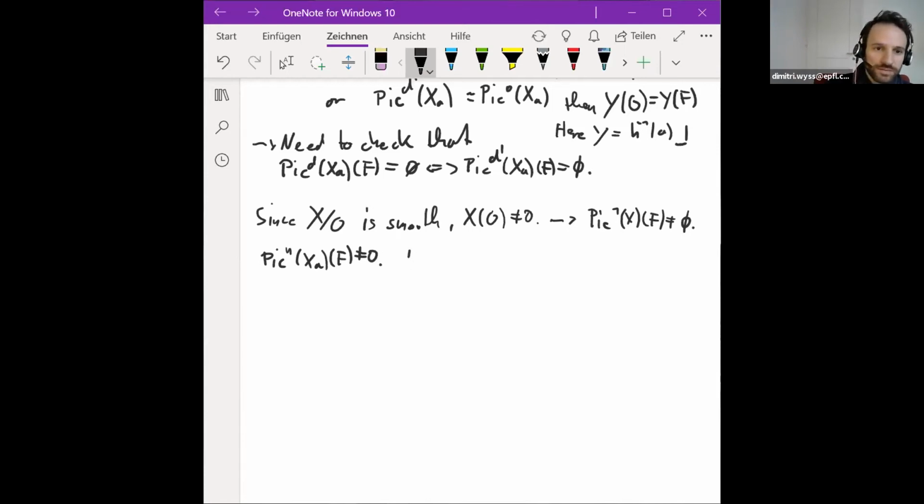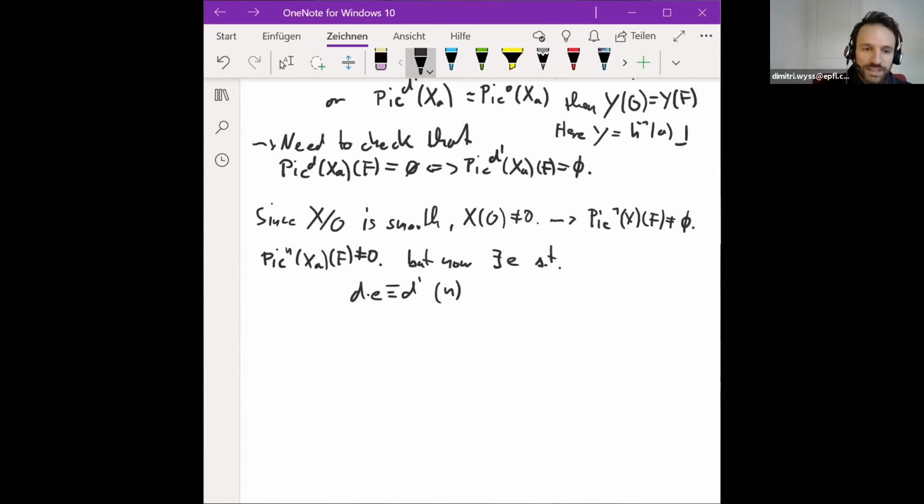But now there certainly exists an integer e such that d times e is congruent to d' mod n. Both are coprime to n, so we can make one into the other.